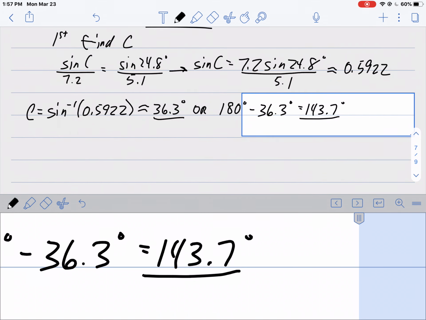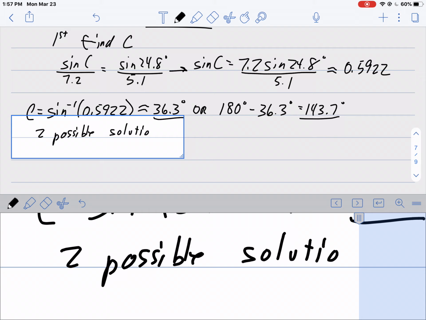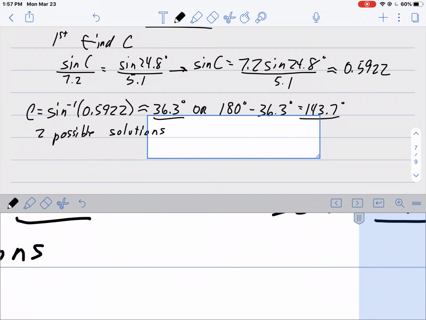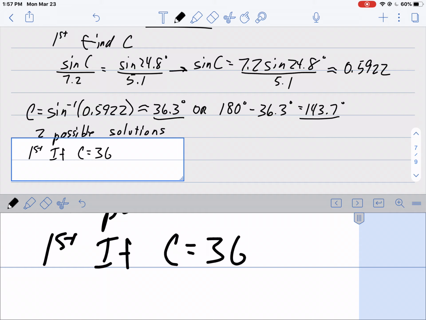Okay. So we'll address each case. So I'm going to say two possible solutions. Okay. So first, if we take angle C to be 36.3 degrees, because remember why we were finding angle C?